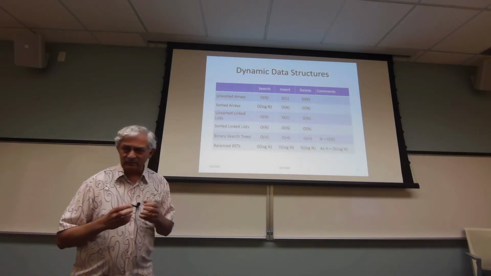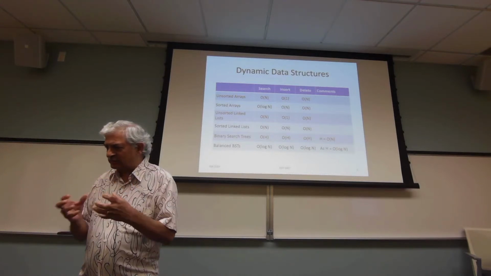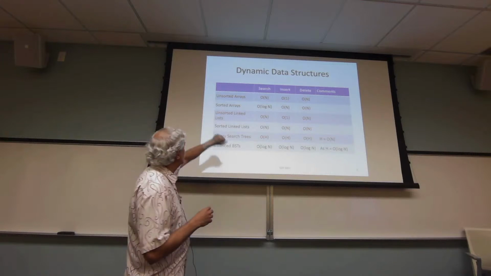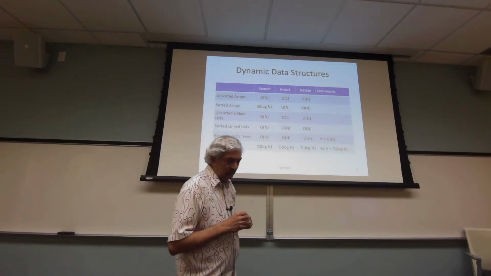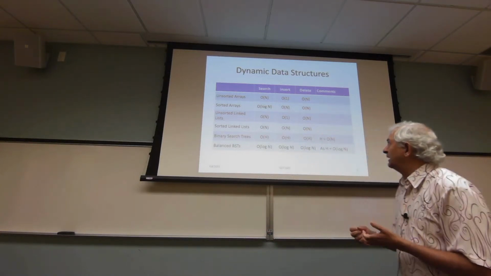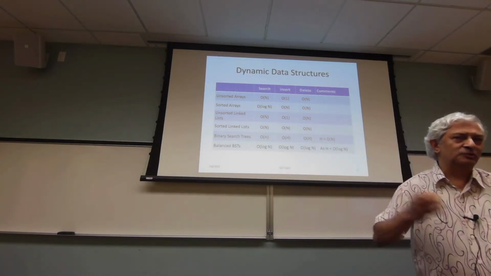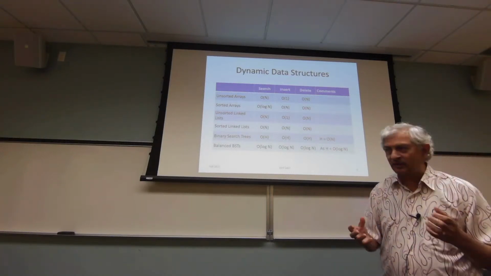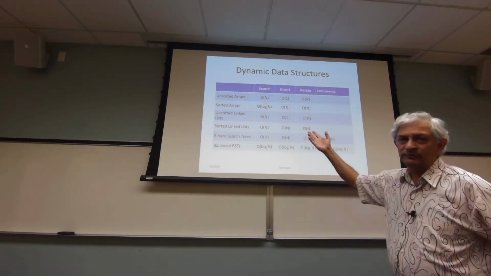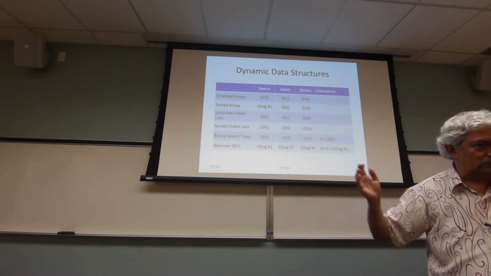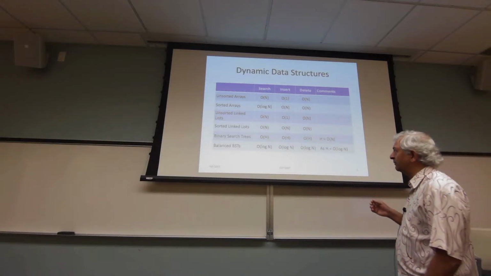But you'll see that many of these data structures are good for some operations and not good for other operations. So for instance, if you have an unsorted array, then it's great for inserting things because you can put things anywhere you like. It doesn't really matter. You're not really maintaining it in any way. But searching for something or deleting something is very difficult, and so it can take you order n time to make that happen.